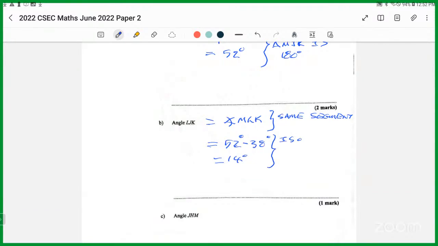An isosceles triangle has two equal angles.